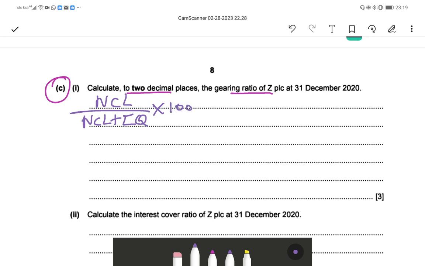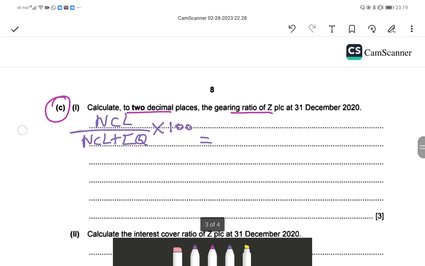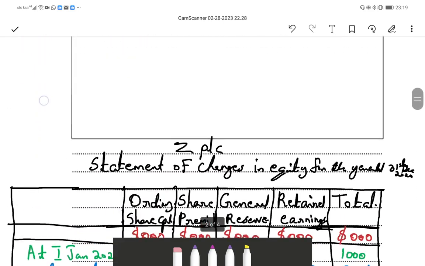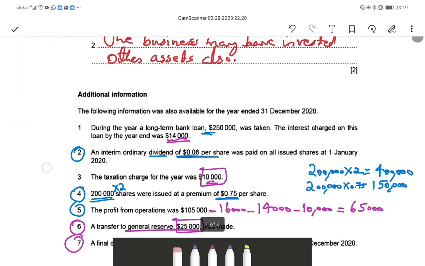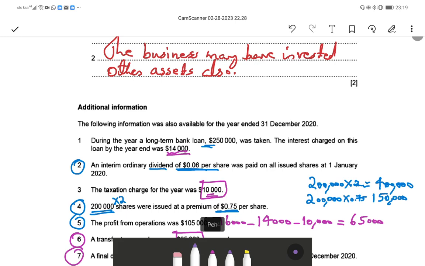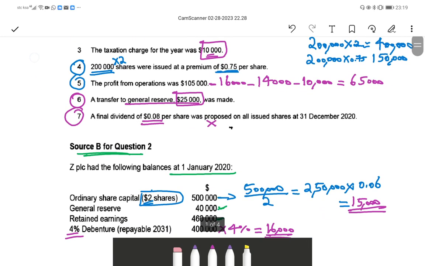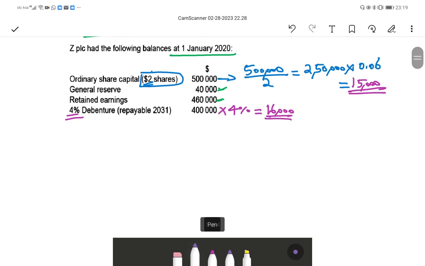So, what is our non-current liability? Non-current liability is given in the question. We have first bank loan 250,000. Then they have given debenture 400,000.